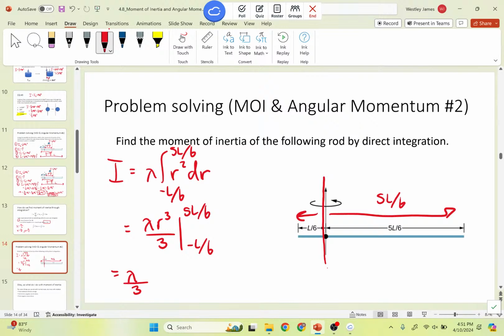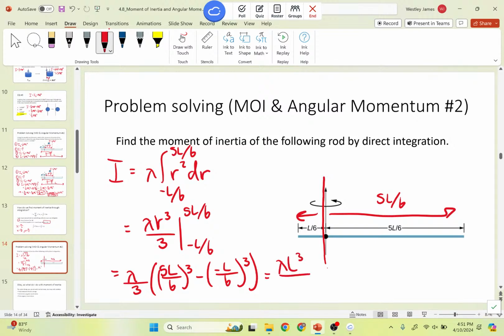Let's pull that L cubed out as well. When you plug it in, the L's are for R. So 5L over 6 cubed minus negative L over 6 cubed equals, y'all can see the L is going to get cubed in both of them, so I can pull that out. I don't want to keep writing it.